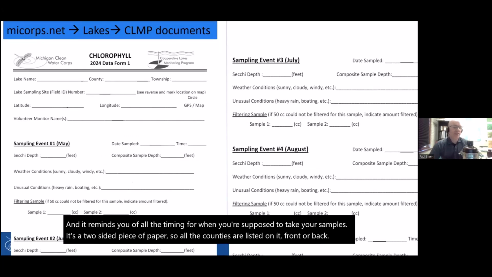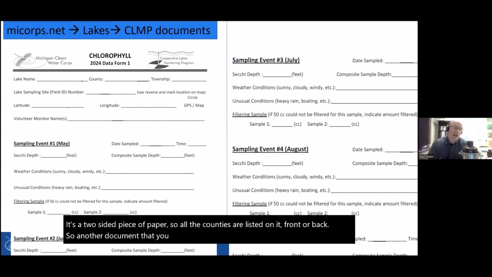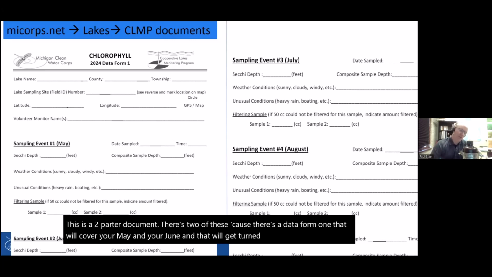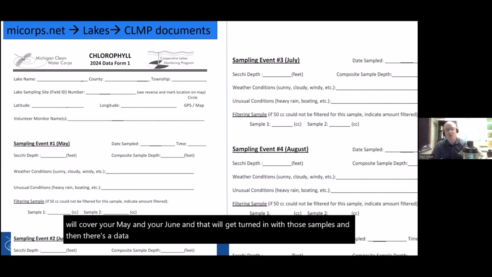So another document that you will be having to fill out is the data form for chlorophyll. This is a 2-parter document. There's 2 of these, because there's a data form 1 that will cover your May and your June, and that will get turned in with those samples. And then there's a data form 2 that will cover your July, August, September, and that gets turned in with that batch of samples.